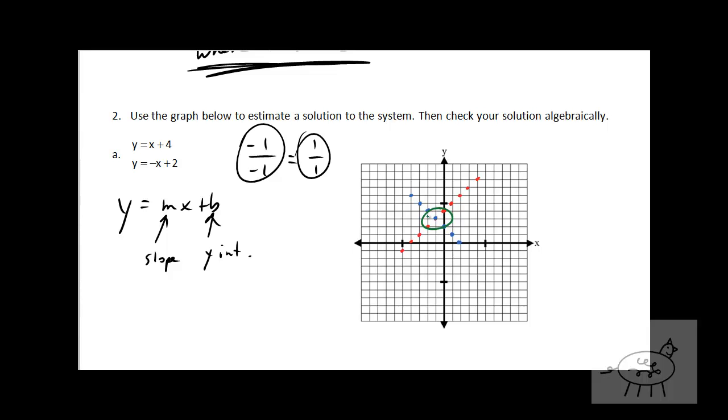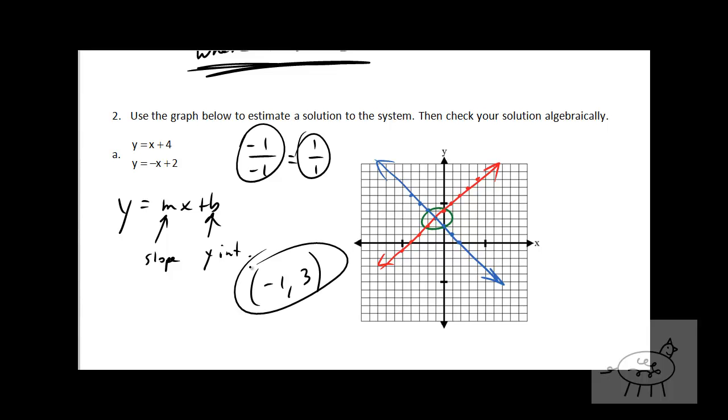Technically, you're really supposed to graph it nicely here, but by plotting a bunch of points, it really helps to determine where things are intersecting. I circled that in green over there. So the solution to this problem is negative 1 comma 3. Negative 1 comma 3.